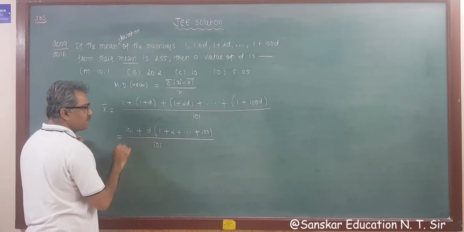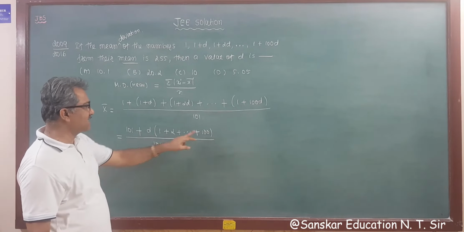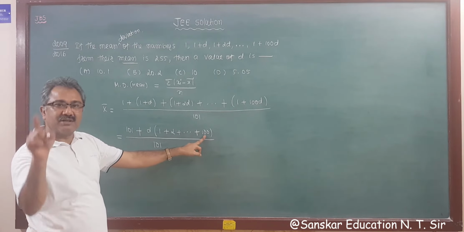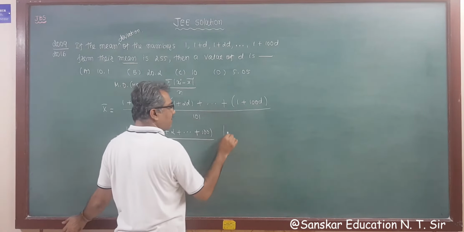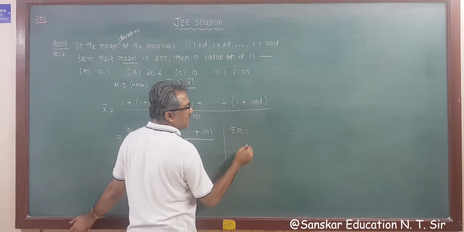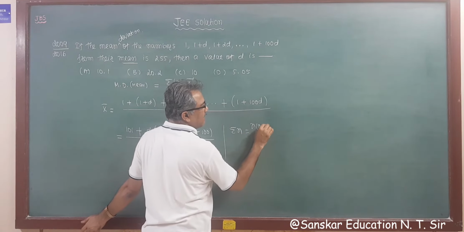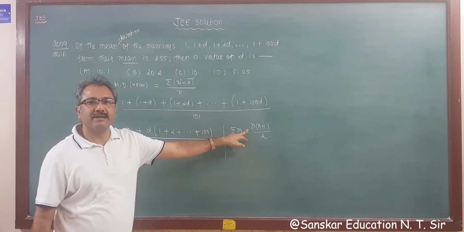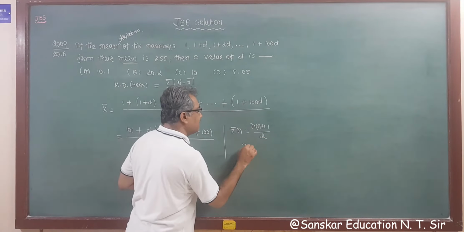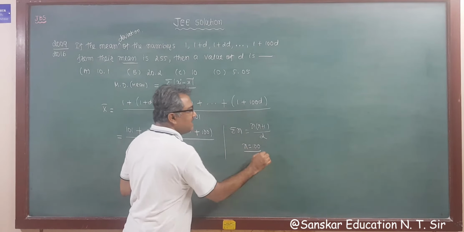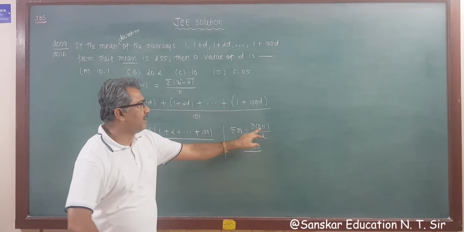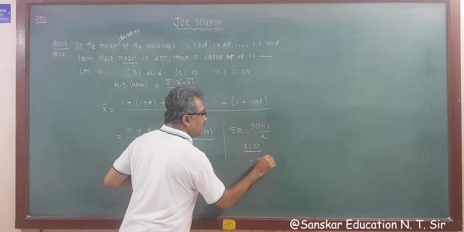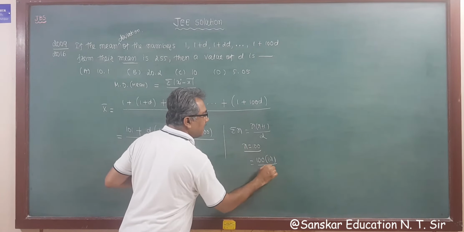This is the sum of the first 100 natural numbers, and the sum of the first n natural numbers is n into n plus 1 by 2. Taking n equal to 100, our answer will be 101 divided by 2.